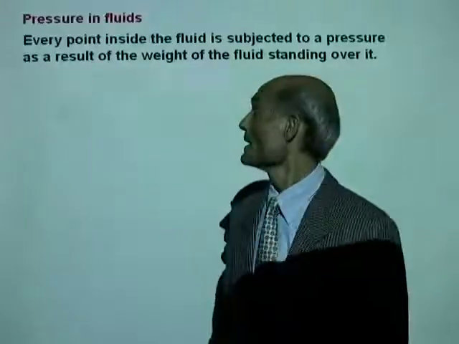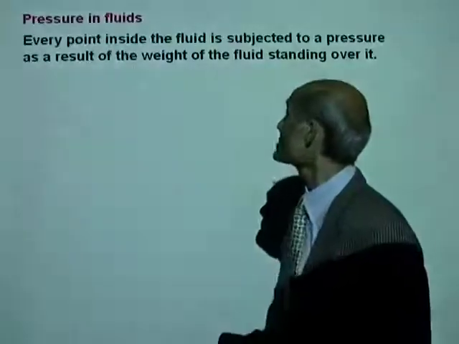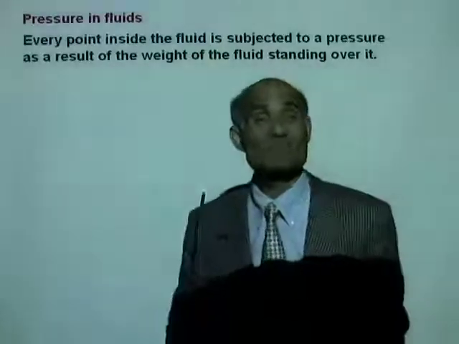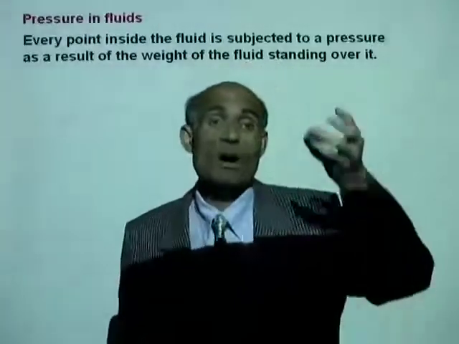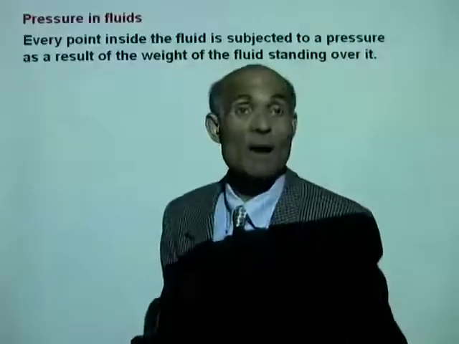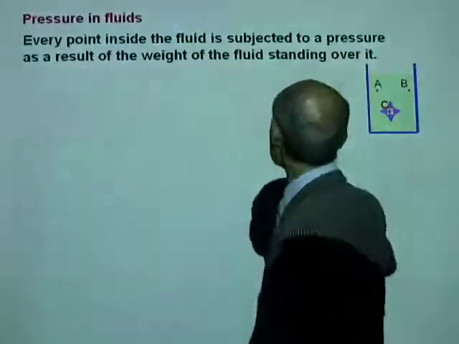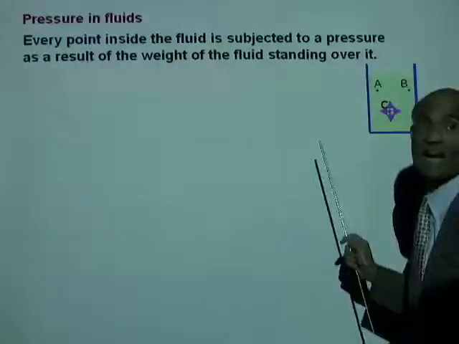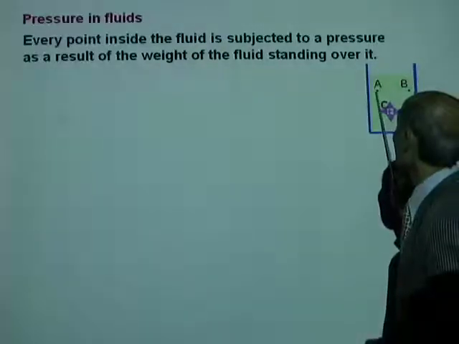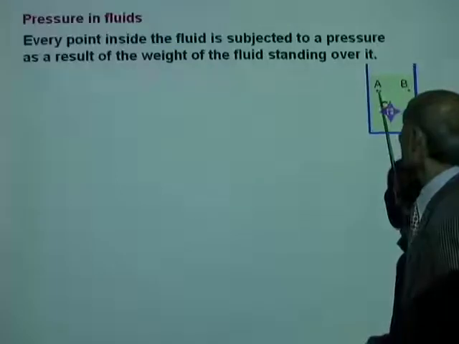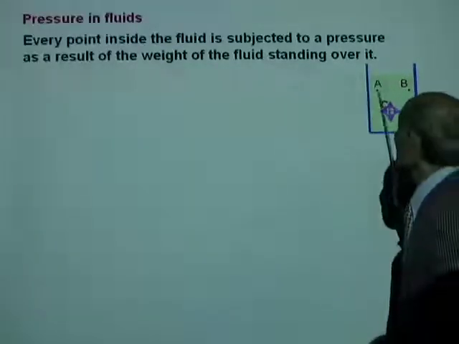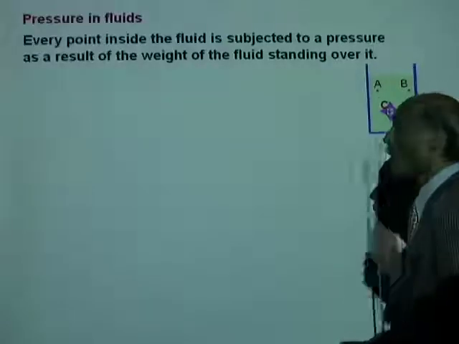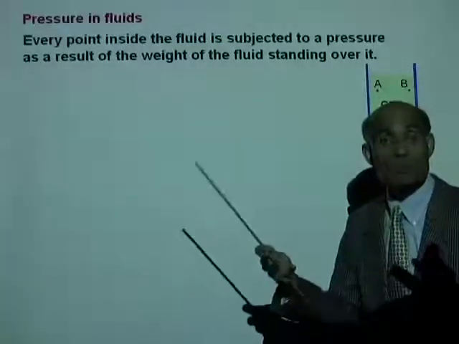All fluids exert pressure. Every point inside the fluid is subjected to a pressure as a result of the weight of the fluid standing above it. If you now consider a fluid inside a container, I have now got 3 points, point A, point B, and point C. Now, at all these points, there is pressure.